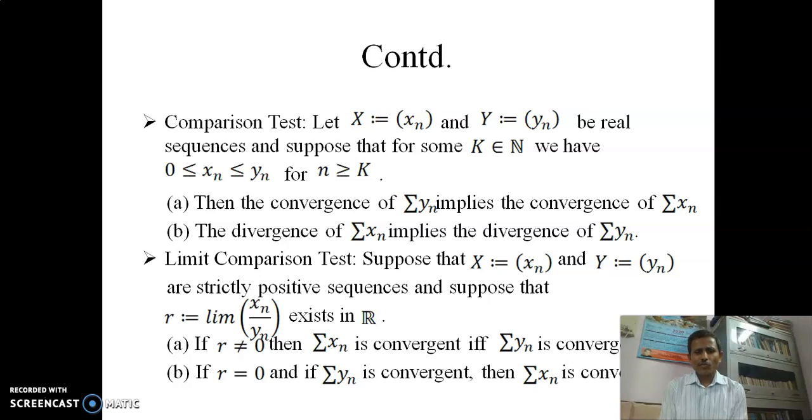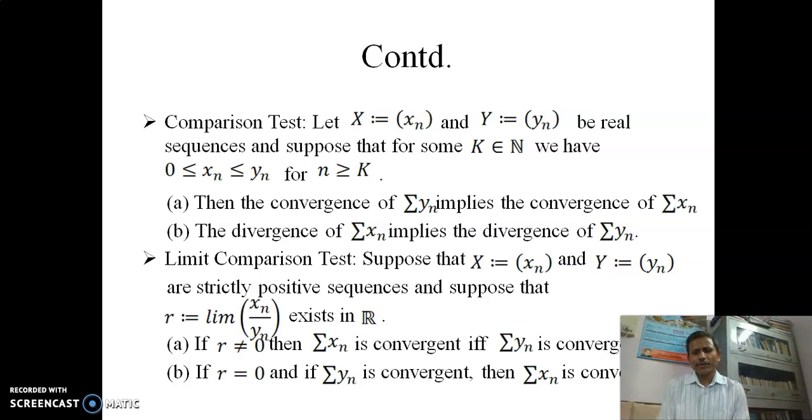So if summation yn converges, then summation xn must be convergent, since the terms of the sequence x are smaller than the terms of the sequence y. So the divergence of summation xn implies the divergence of summation yn. Same concept is here.